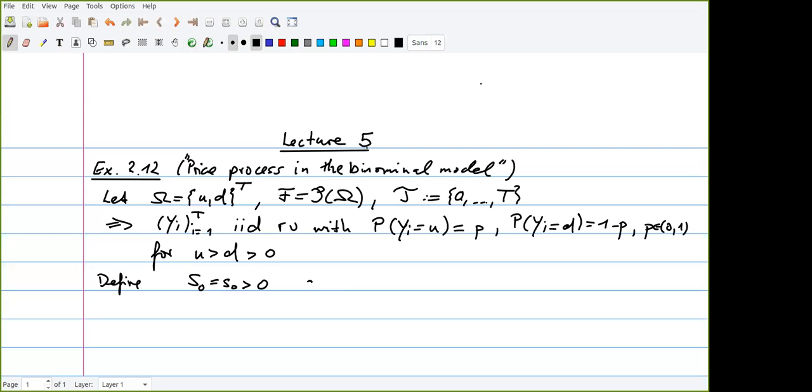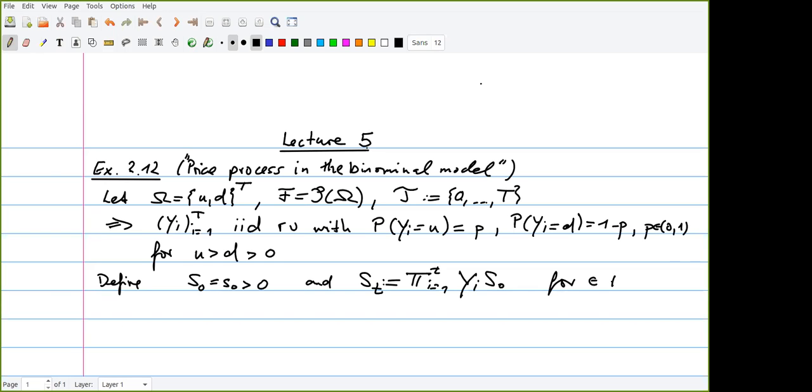Then at time t, the price is modeled by this process S_t, which is the product from s equals 1 to t of the upward and downward movements up to time t, modeled by the random variables ξ_s, multiplied with the price we started with.